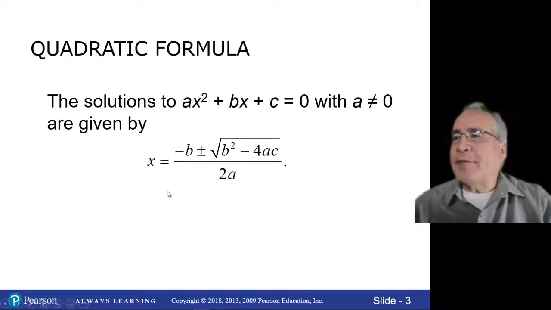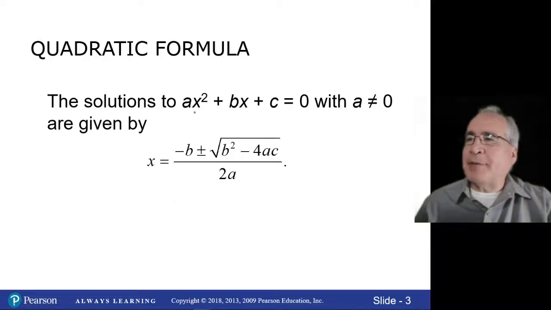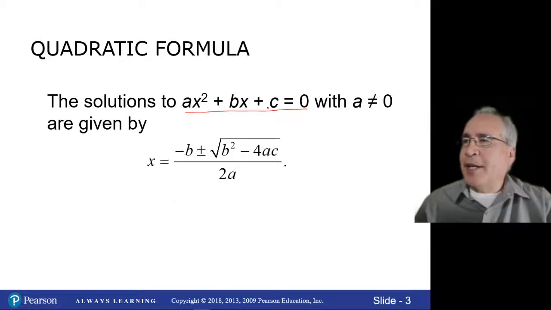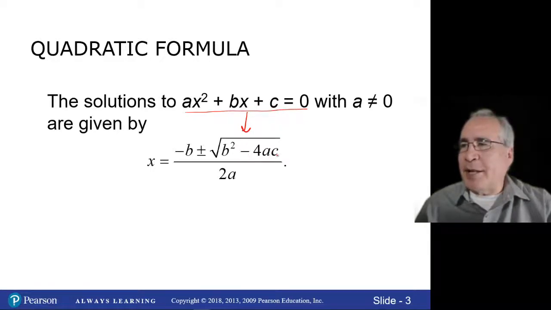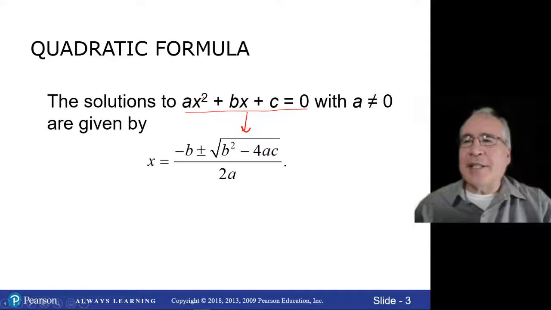Now I remember when I first started teaching 20 years ago, I would start with this. And what you do is you do something called completing the square, which is something we skip, because the only reason you teach completing the square is so that people can understand how you get from this formula to this formula. You start moving things over, so you subtract the c, so you got this minus ac. You're going to complete a square. You're going to do a bunch of things.